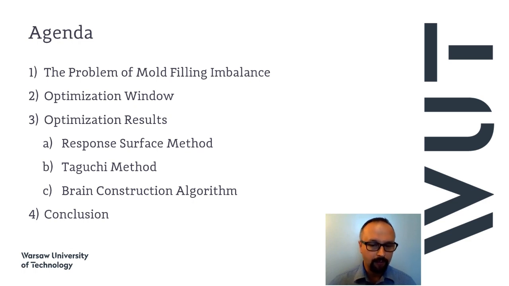From the response surface method, which is of course the most tedious one in this set, because it needs a lot of trials, a lot of simulations. Usually it needs this whole central composite design built, and it's always a lot of work and a lot of time to fill the whole experiment matrix for the method.